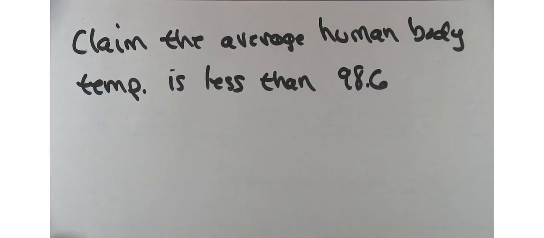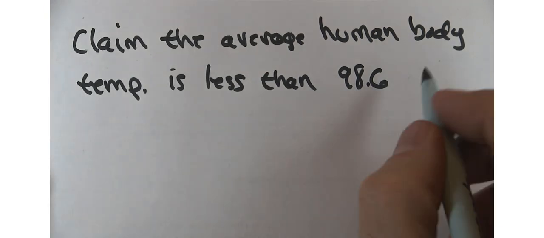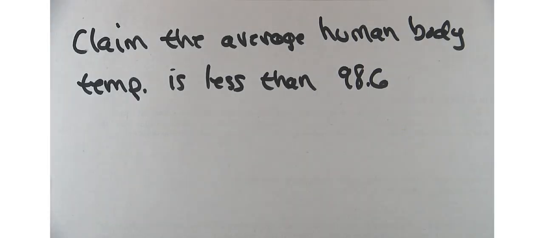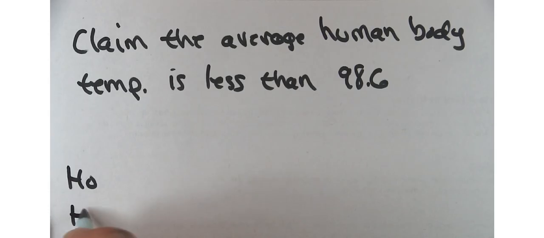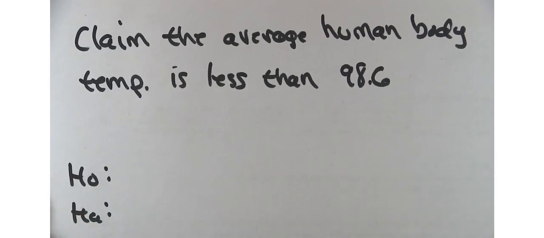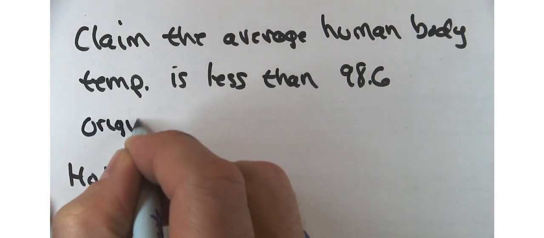So there's your original claim. We'll test it at the alpha equals 1% level. But start with your original claim. Write that claim down in terms of an inequality, and then figure out what H0 and HA should be. So H0 and HA, write both of those down. Original claim.